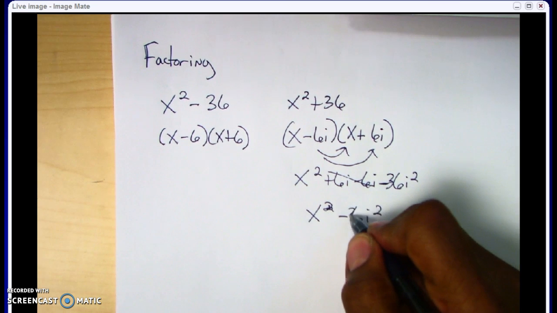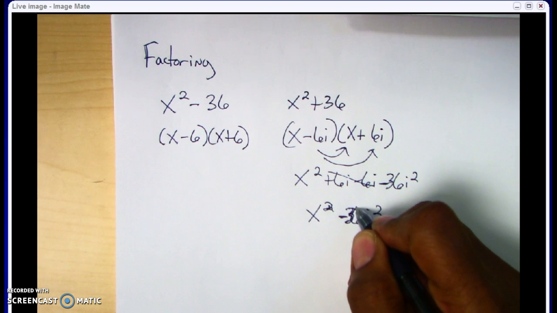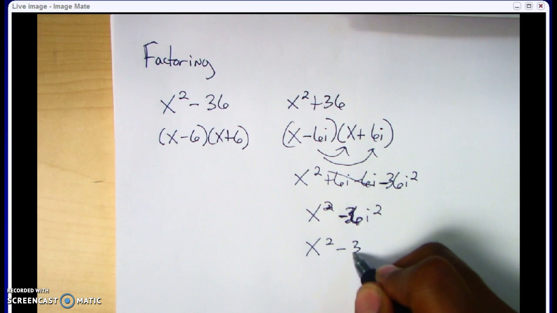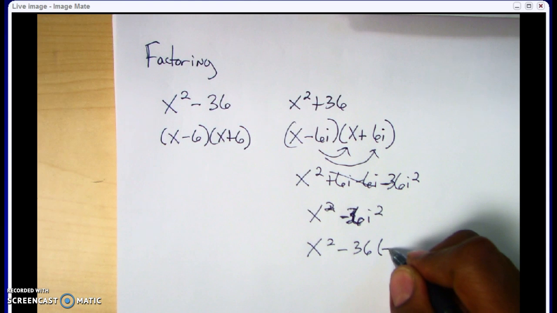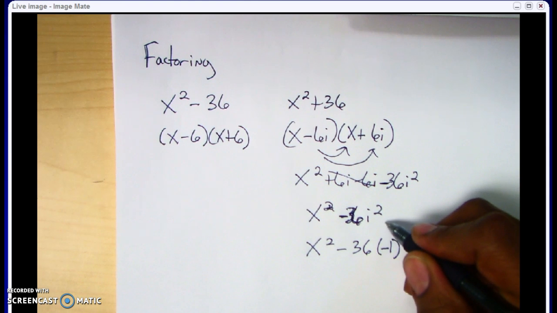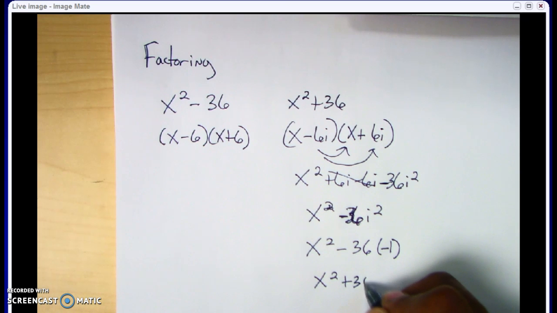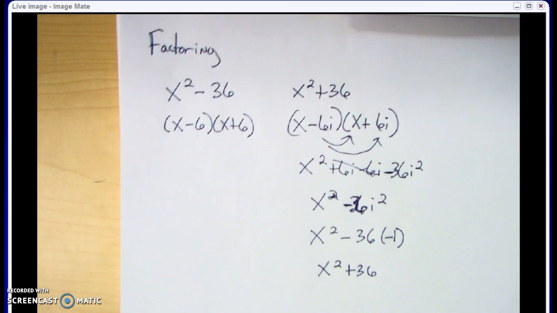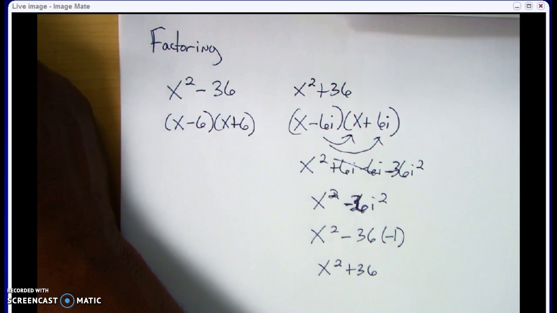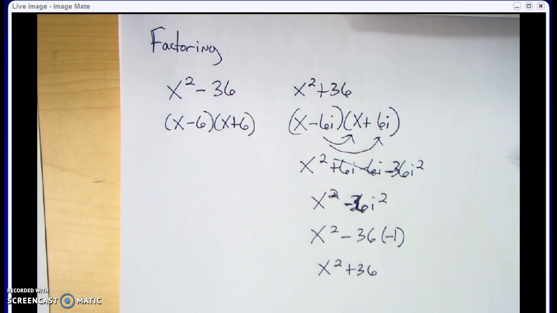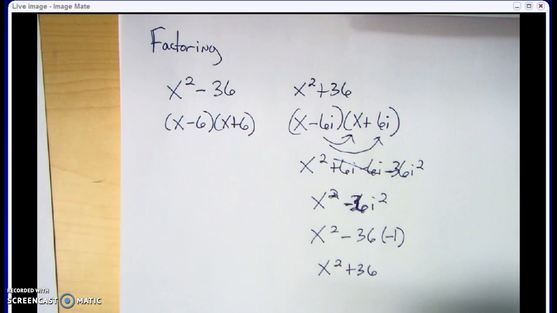See, i squared is negative 1. You got to remember that i squared is negative 1, so you end up having x squared plus 36. So you just got to remember that when you're talking about how do you factor something like this.